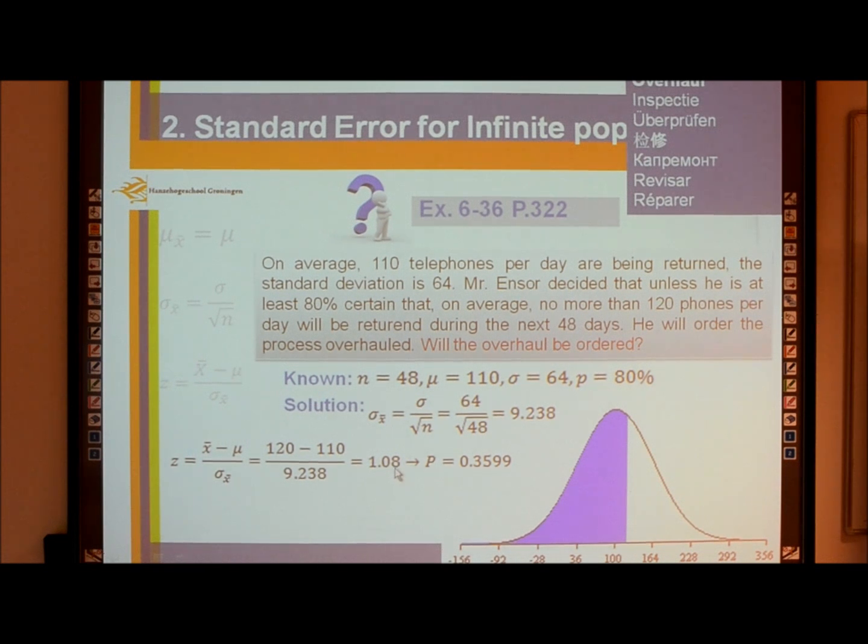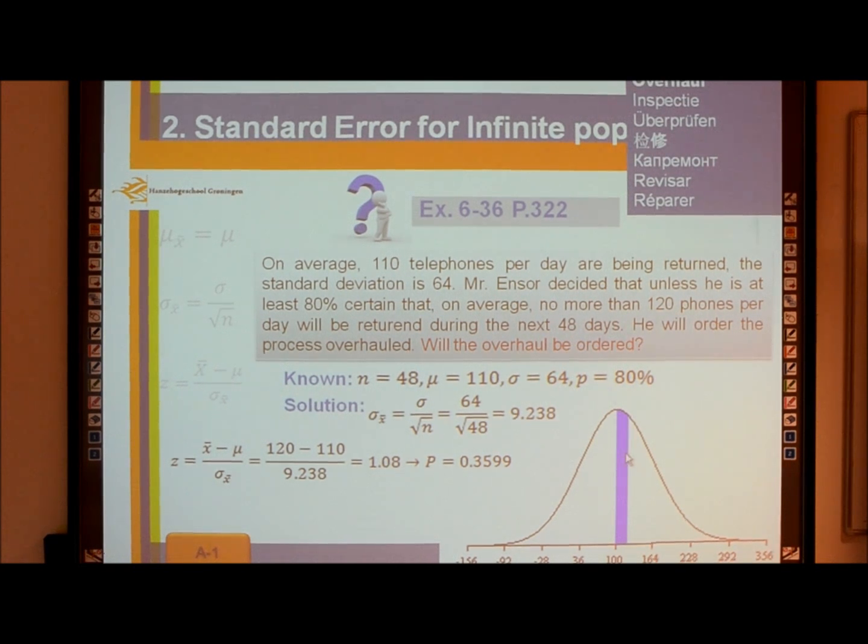And when we check table A1, we get the probability 35.99%. But don't forget, this probability only means from 110 to 120. So it only means this part, not this part. This is 35.99% of the data.